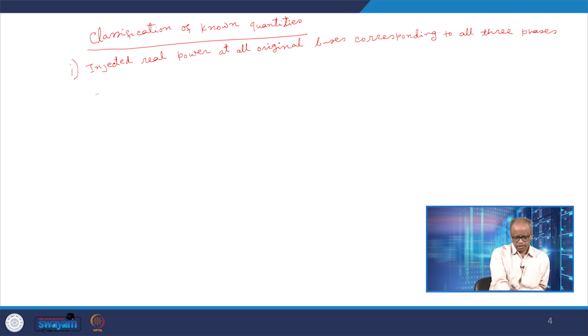So we term it as the P specified vector, and this vector would be P1A, P1B, P1C, then P2A, and so on, up to PNA, PNB, PNC, transpose.